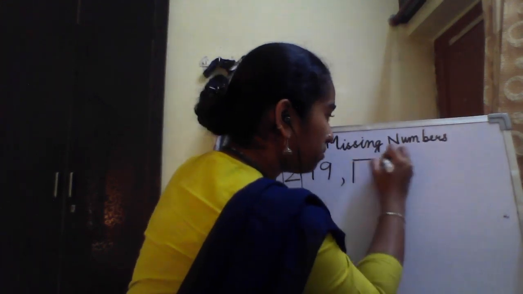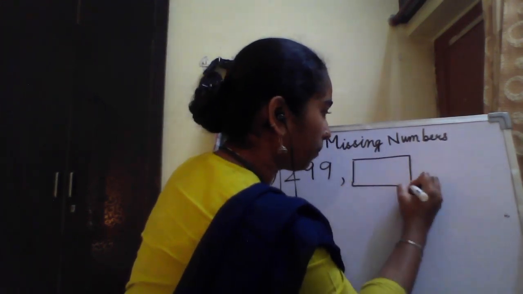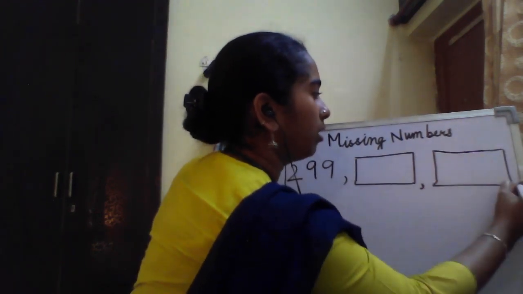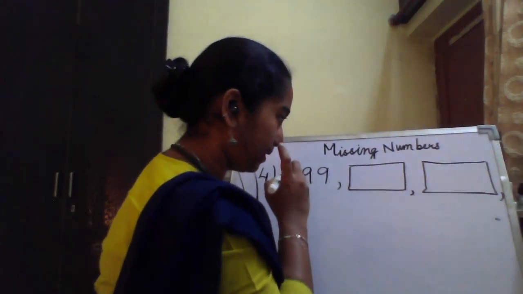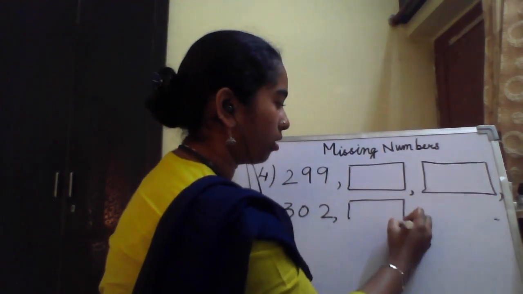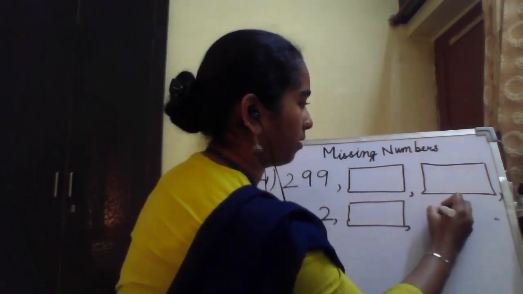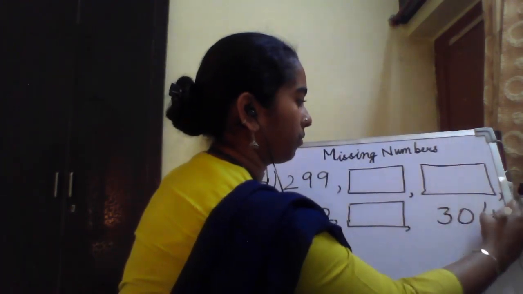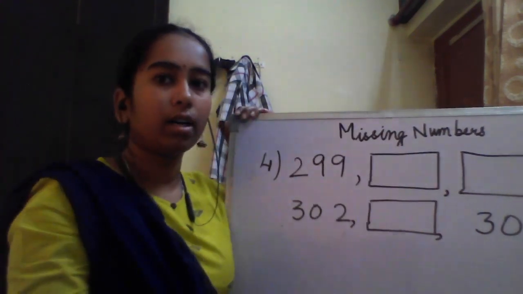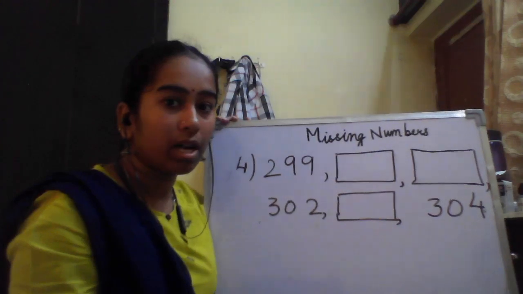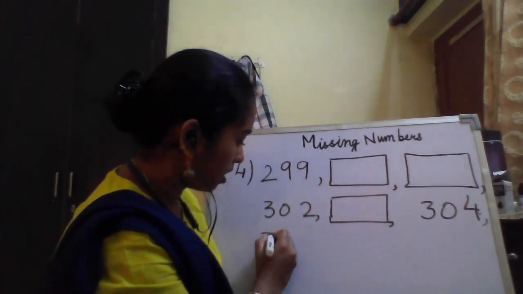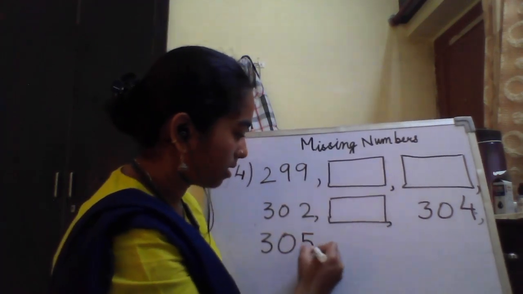Then we have a missing box here. Then we have a missing box here. Then it is written. Then we have a missing box here. Now, can you tell me what are the missing numbers in these train boxes?